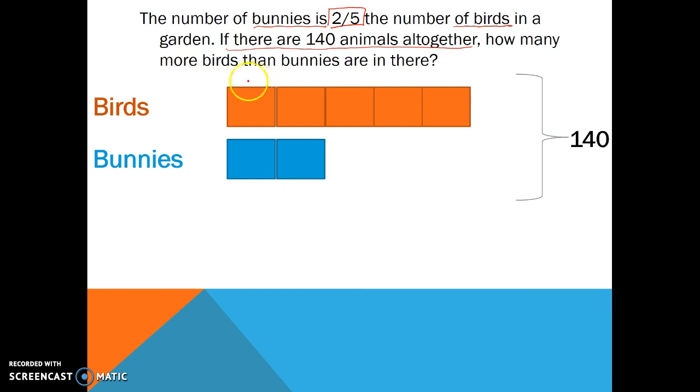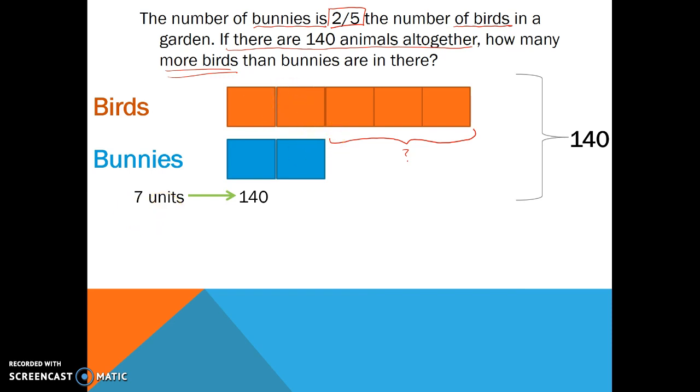Now for my question, how many more birds than bunnies are in there? So I'm not looking for the number of bunnies. I'm not looking for the number of birds. I'm looking at how many more birds than bunnies are there. So I'm going to take what I know, 7 units, all of my animals together equals 140.